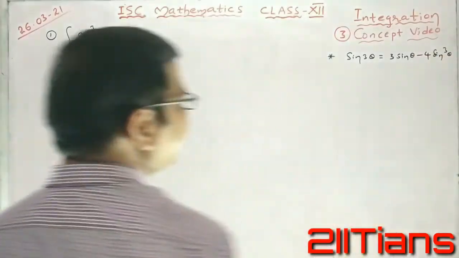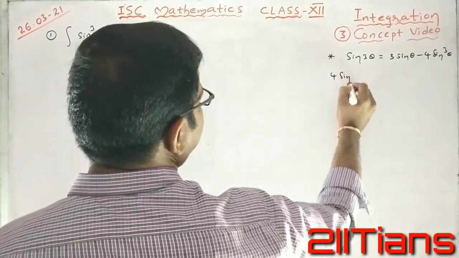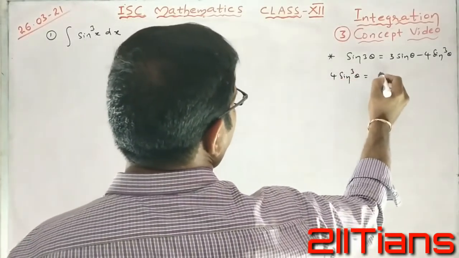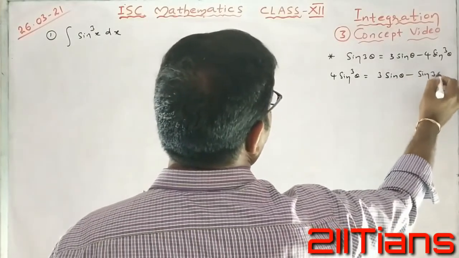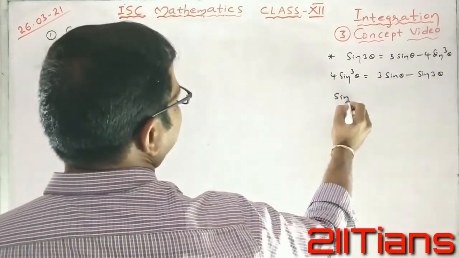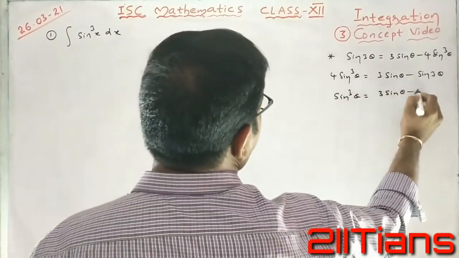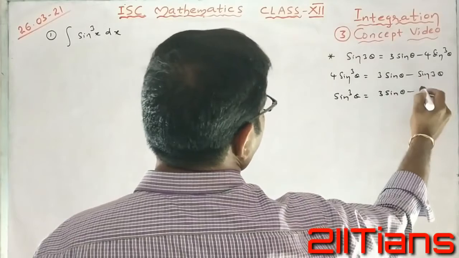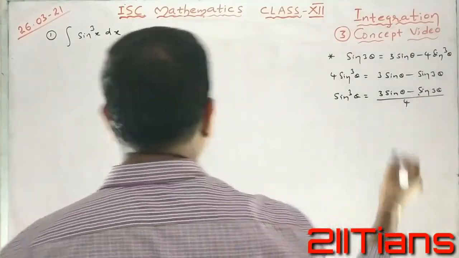Am I correct? From this, 4 sin cube theta is equal to 3 sin theta minus sin 3 theta, right? I want only sin cube theta, so I can write 3 sin theta minus sin 3 theta upon 4.